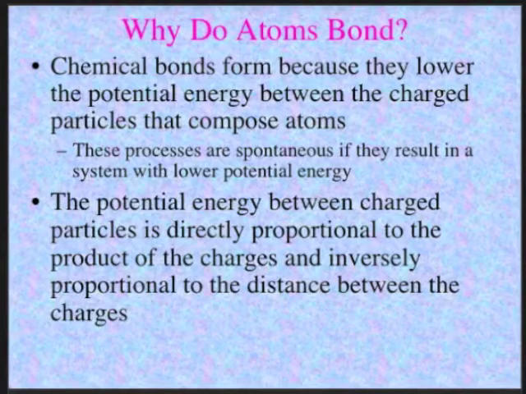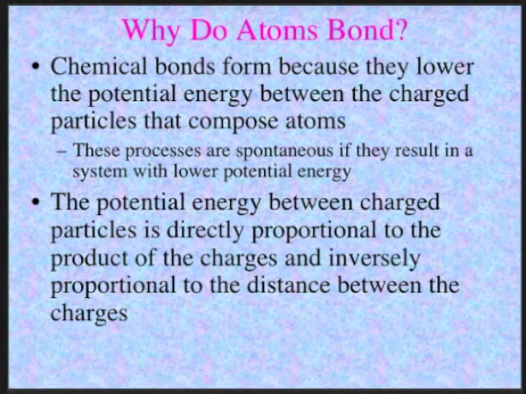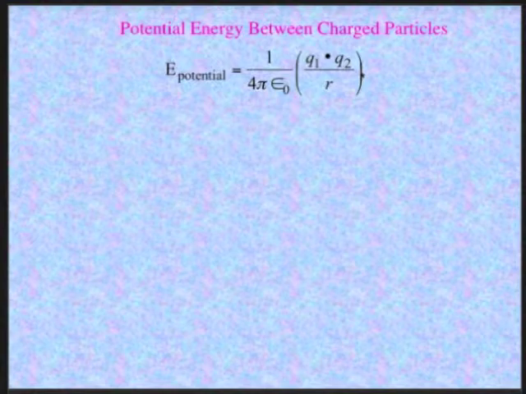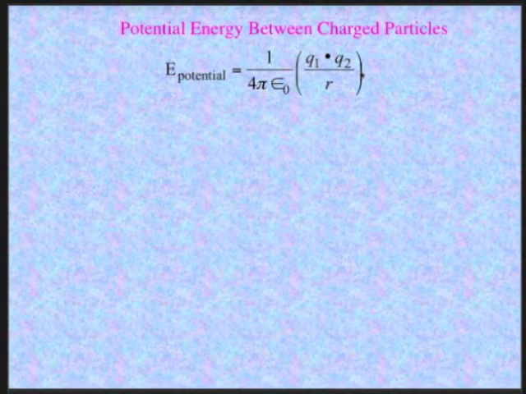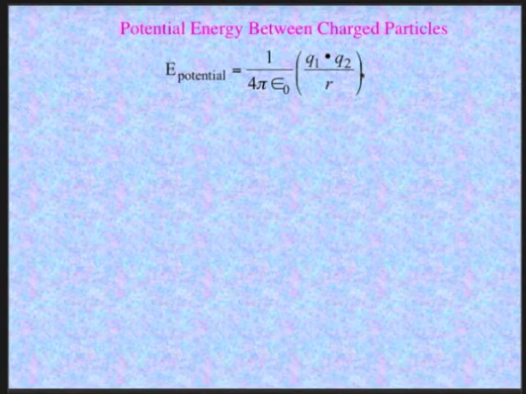The potential energy between charged particles is directly proportional to the product of the charges and inversely proportional to the distance between the charges. We talked about that already in Coulomb's law, where potential energy equals 1 over 4 pi epsilon, but the thing I want you to notice is the term Q1 times Q2 divided by r.